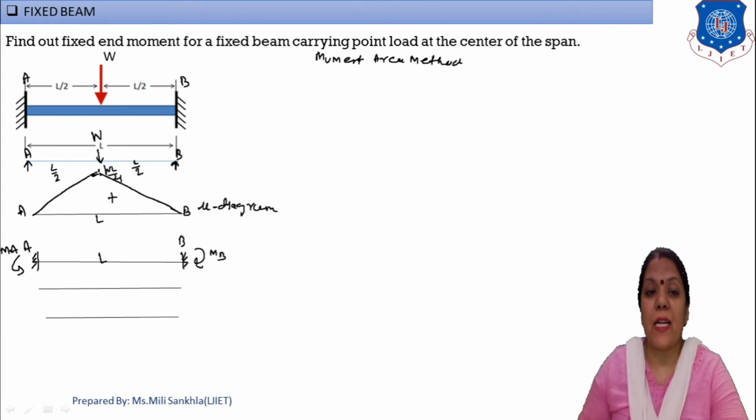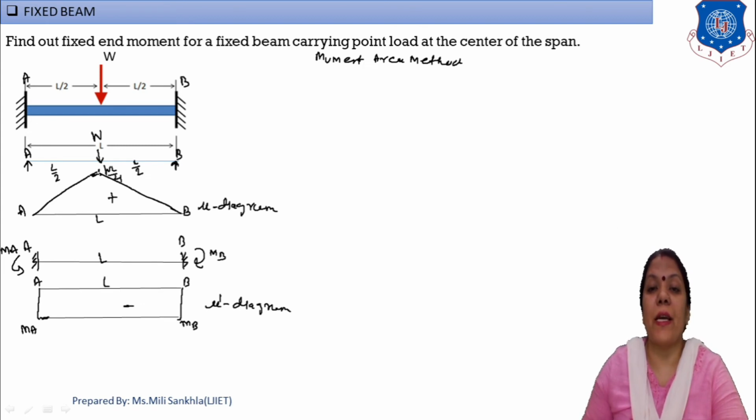This is left hand side anticlockwise, this is right hand side anticlockwise, and this fixed beam is subjected to symmetrical loading, so the height of moment at A and moment at B are both equal. This is A point, this is B point, and this diagram is known as the Mu dash diagram.